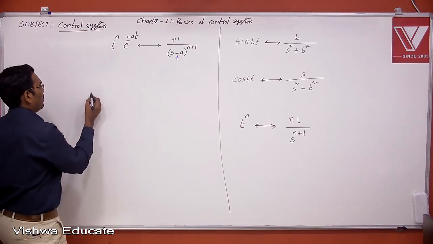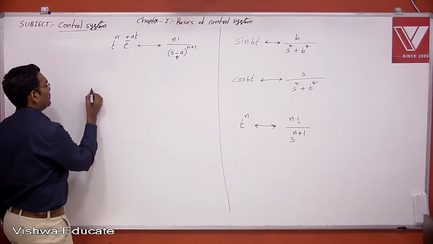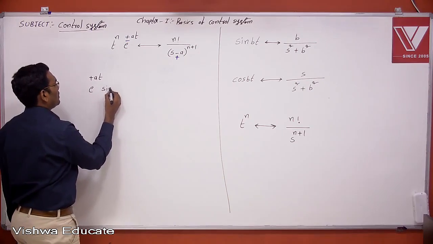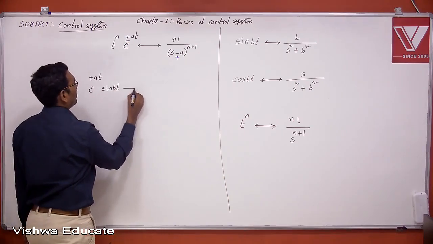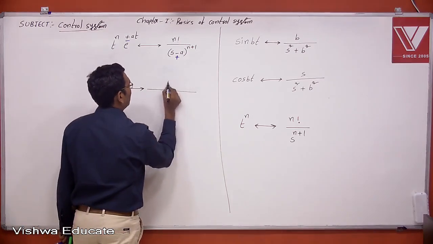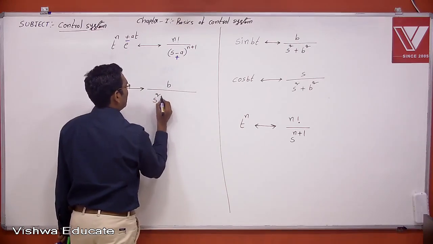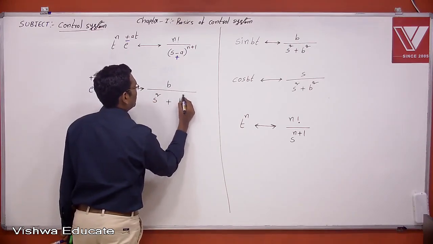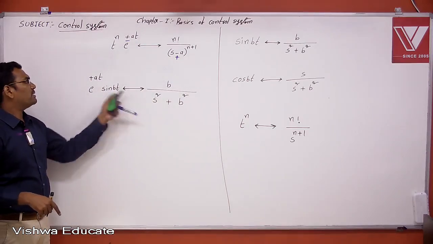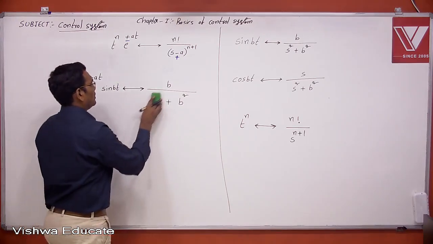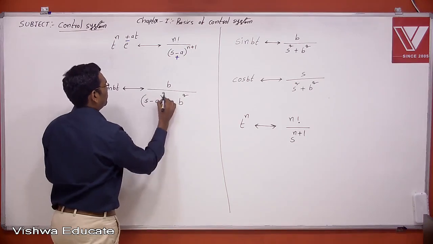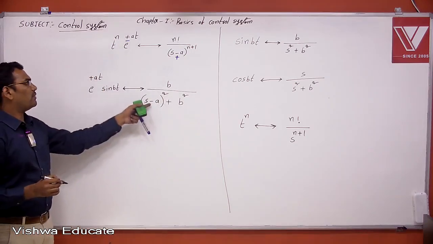For example, take e power plus at into sine bt. Sine bt is b by s square plus b square. Where there is s, replace s by s minus a, since this is e power plus at.